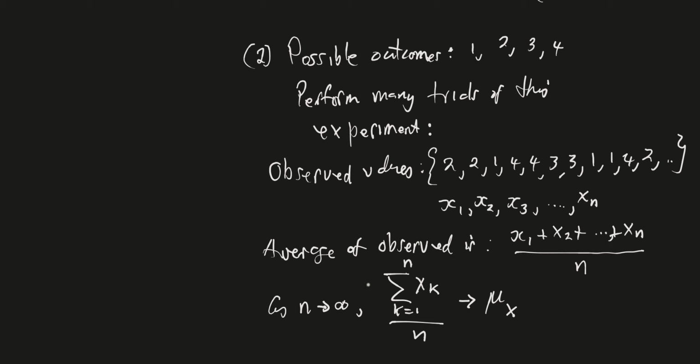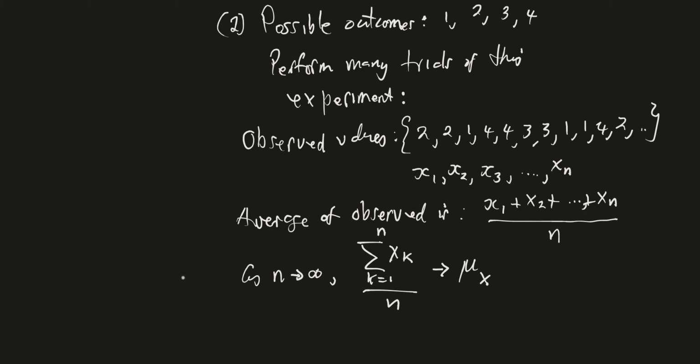So on average, we would expect, if we were to perform the experiment many, many times and take an average of the values that we observed, the larger the number of observations we have, the closer our observed average is to our expected value, right? So as n gets very, very large, this average will get closer and closer to the mean that comes from our PDF, right?